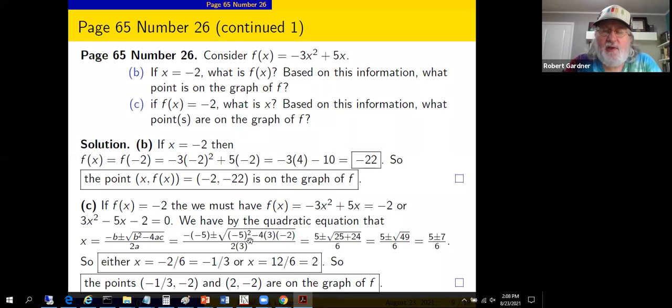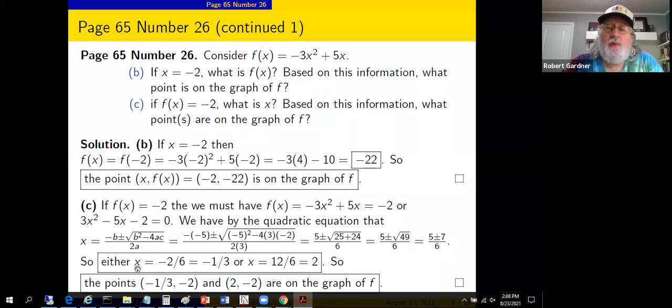And here we get (-5) squared is 25. Minus a negative gives us plus 4 times 3 times 2, it's 12 times 2 gives us a 24 there. Denominator yields a 6. 25 and 24 is 49. Square root of 49 is 7. So this simplifies down to 5 plus or minus 7 over 6.